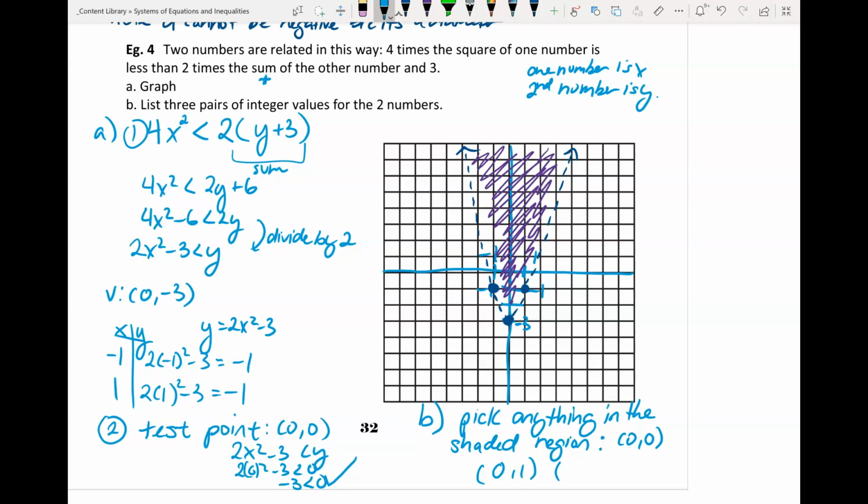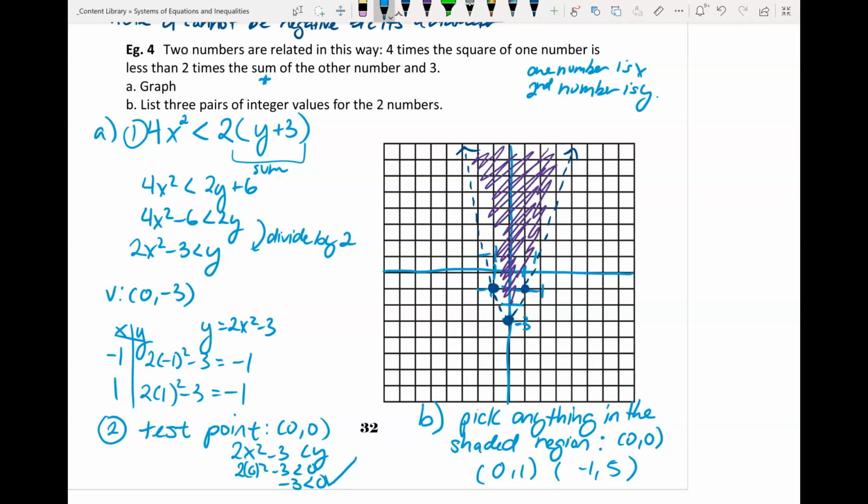You could also pick -1, 5 or something like that. That's also in our shaded region. And we're supposed to pick integer values, so make sure whatever you pick is not a decimal number or a fraction.